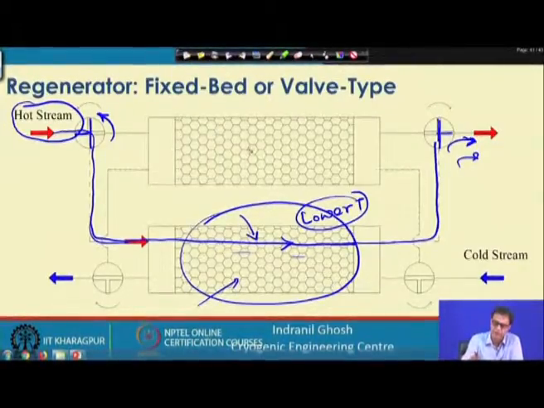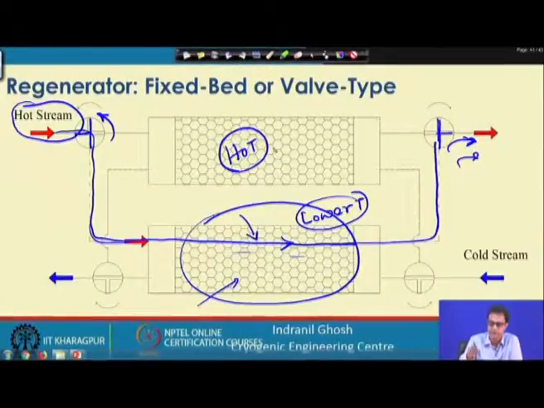Now, this bed was left hot, okay, just in the other previous cycle it was heated up, and then we started diverting the hot stream through this bed. Now, when it has been diverted, I mean it has been left hot, we really did not put it idle.